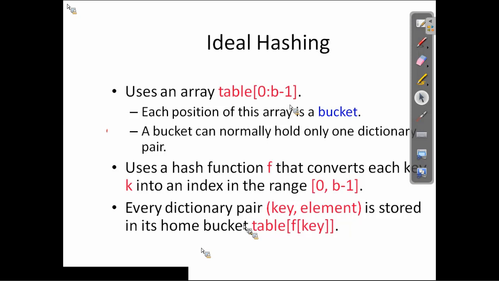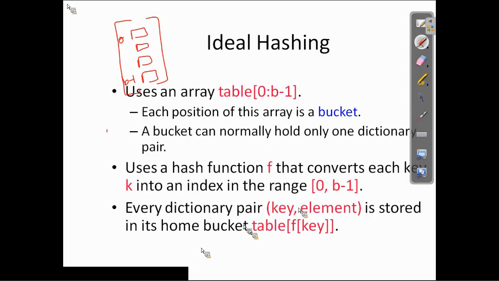We have an array, which is the array of buckets, B0 to B-1. A hash function converts each key k into an index in the range 0 to B-1. So these are the buckets. Every dictionary pair key element is stored in its home bucket, which you obtain from this.